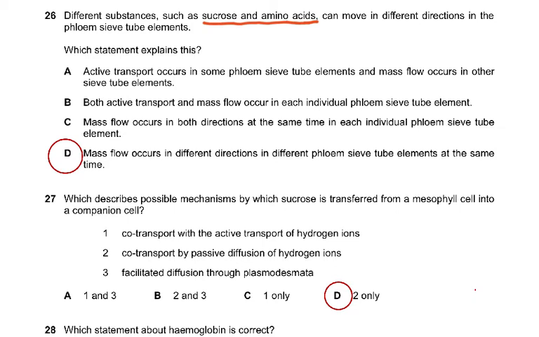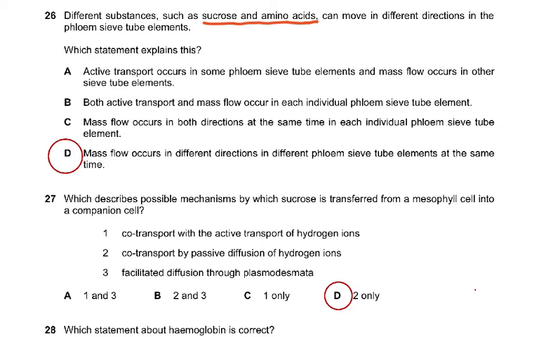So the answer is mass flow occurs in different directions in different phloem sieve tube elements at the same time. Some are taking it to the root, some are taking it to the upper part of the plant, maybe the white flower, maybe a red flower. So source and sink, the movement is between the source and the sink. So the movement is mass flow. Active transport is of course when it is loaded and unloaded.